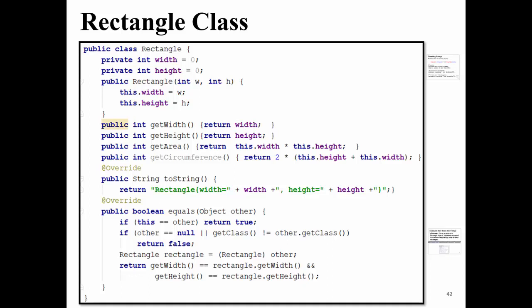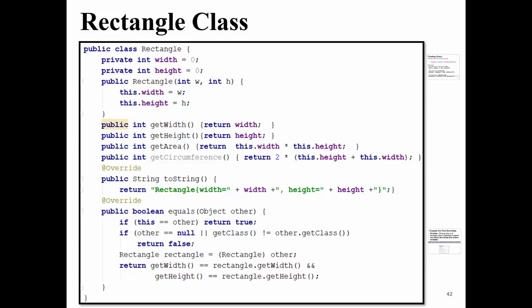Now, look at equals. Once we create our own class, if we don't provide the implementation for equals, Java will use the default implementation of dot equals. The default implementation is very risky because it compares the addresses. It's not comparing the state of the object.